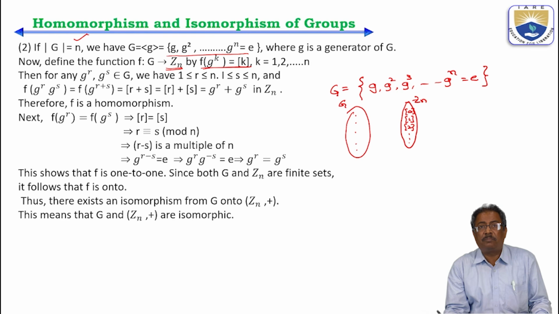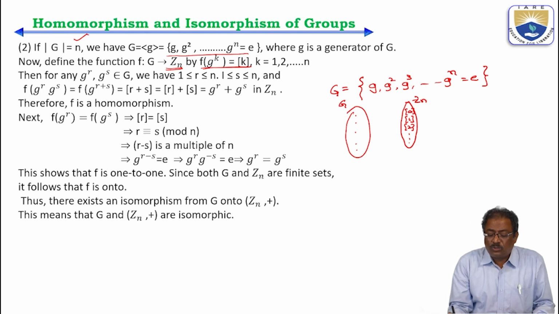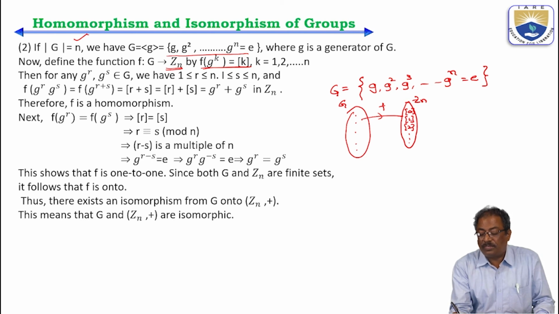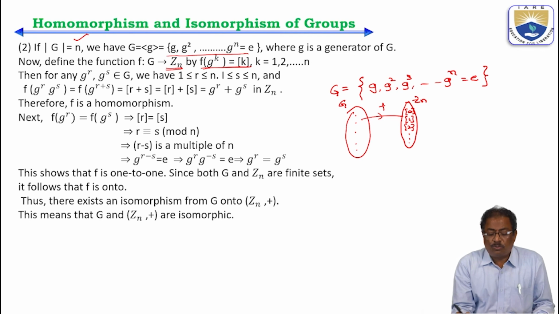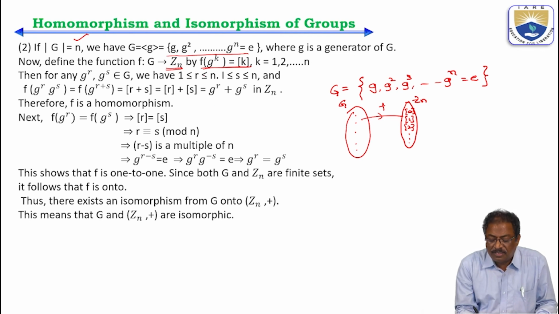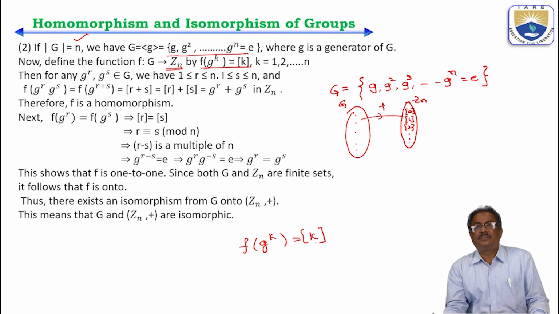Whatever elements we consider, the images we get are 0 or 1 or so on. So we take f of G power k is equal to the equivalence class of k.